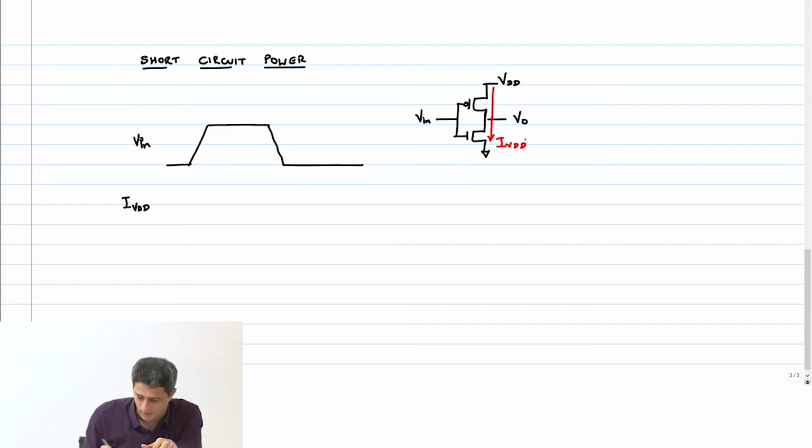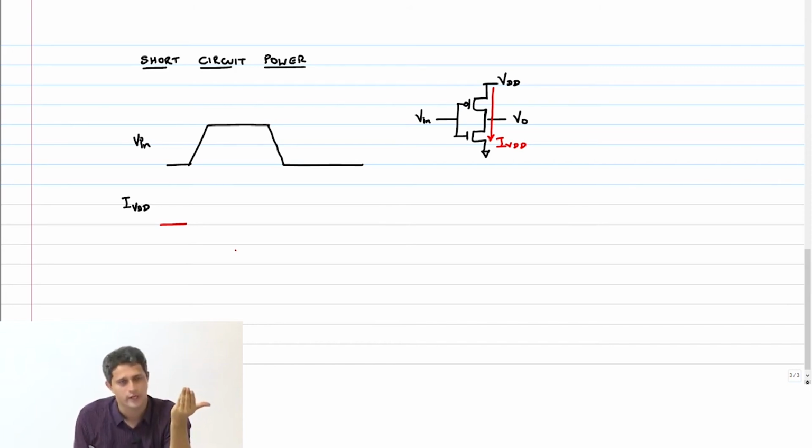Obviously, in steady state, it's going to be 0, right? At what point will the IVDD become non-zero first? When V input crosses VTN, it is going to turn on the NMOS transistor. PMOS is obviously turned on already. Therefore, you will start having IVDD after V in crosses VTN.